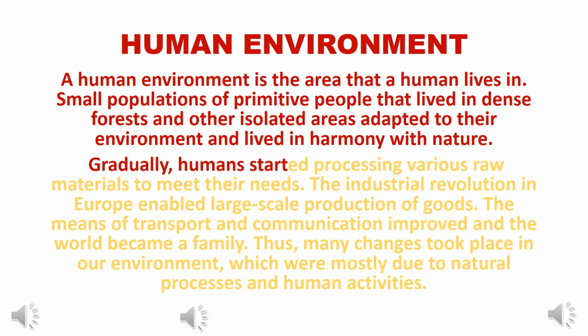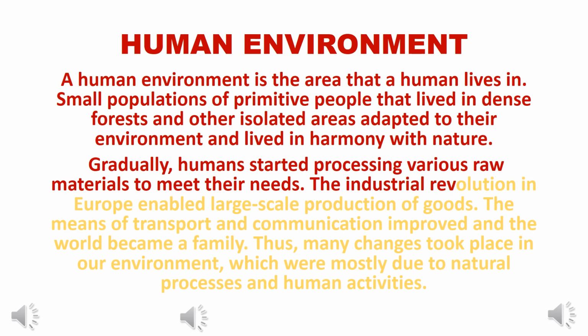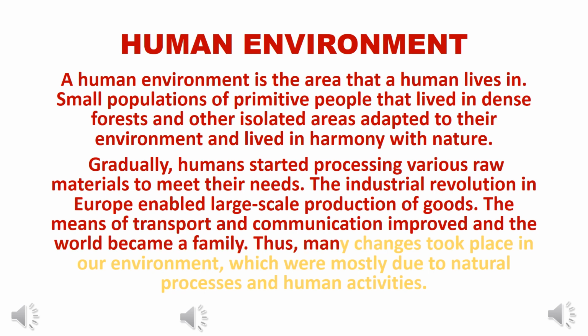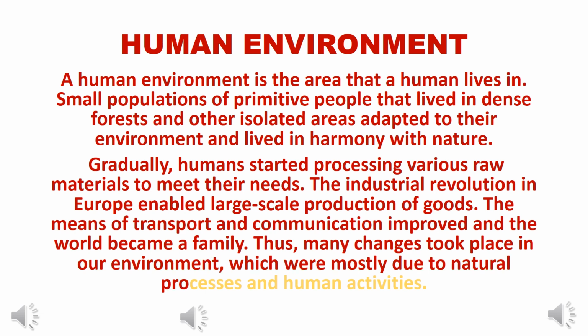Gradually, humans started processing various raw materials to meet their needs. The Industrial Revolution in Europe enabled large scale production of goods. The means of transport and communication improved and the world became a family. Thus, many changes took place in our environment, which were mostly due to natural processes and human activities.